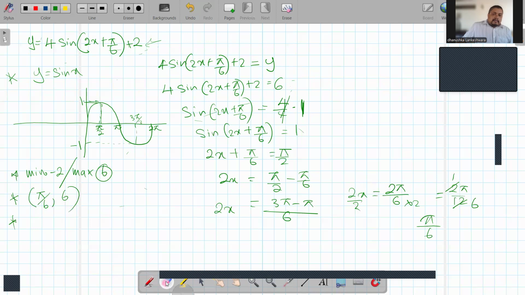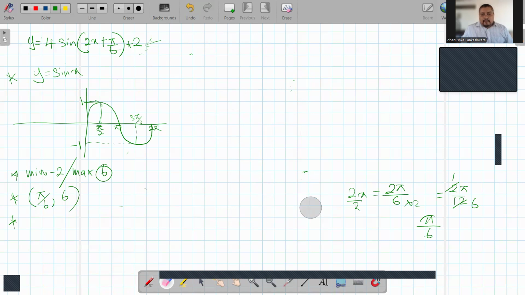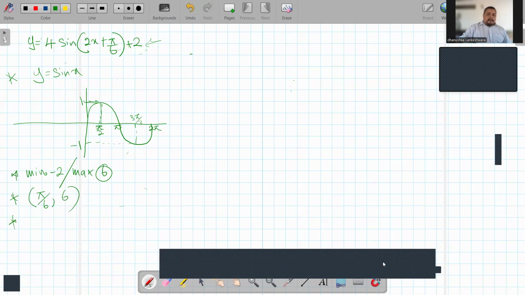But knowing only these two would not be sufficient, because you have to know how it oscillates, right? How it oscillates about the oscillation axis, right?